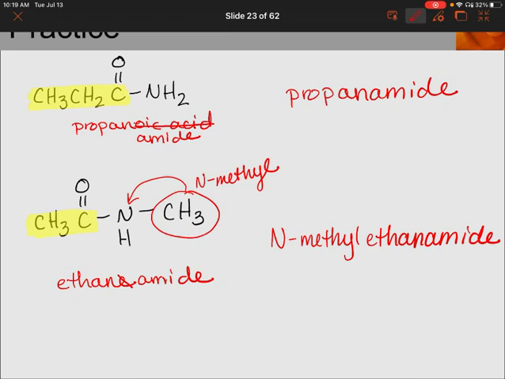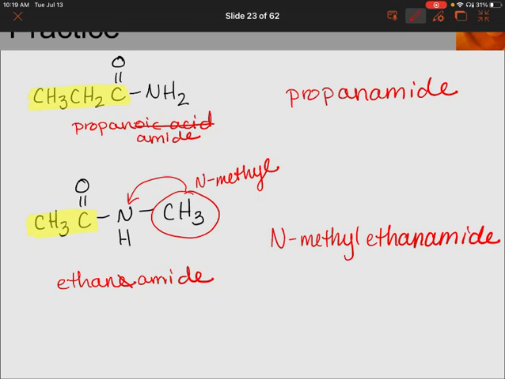Now what's really great about amide names and also amine names is that, let's say I gave you the name and you had to figure out the compound and draw it. Luckily, amide and amine are pretty obvious, so you'll know exactly which functional group you're dealing with.